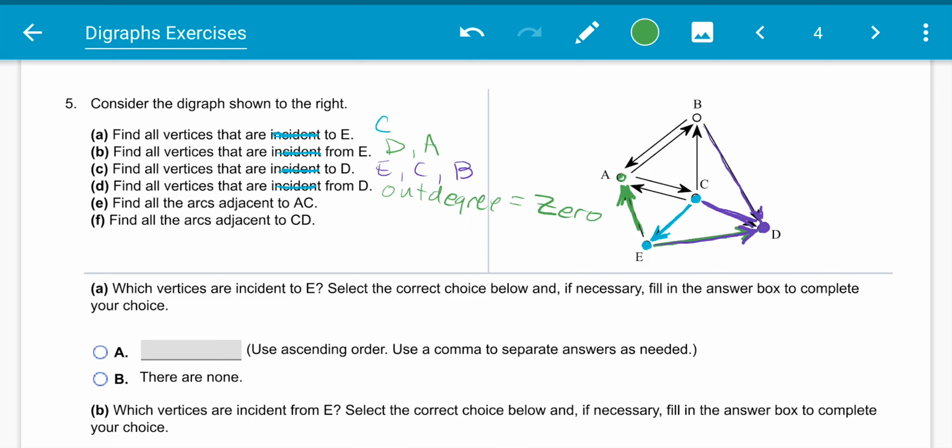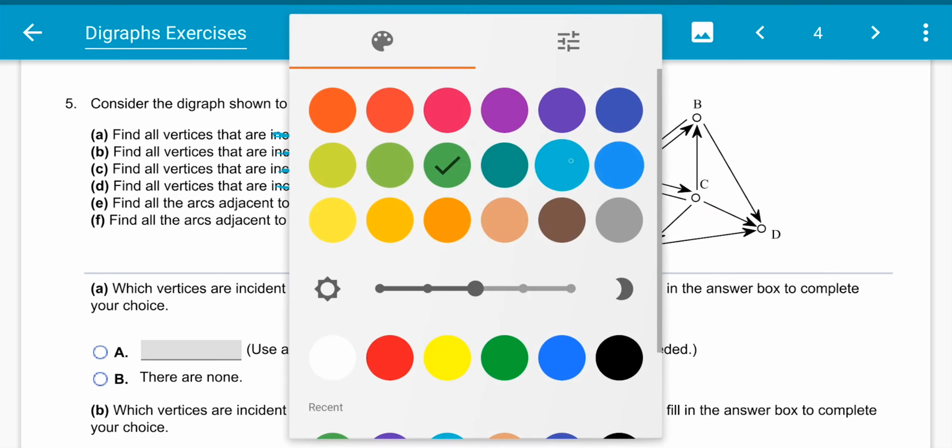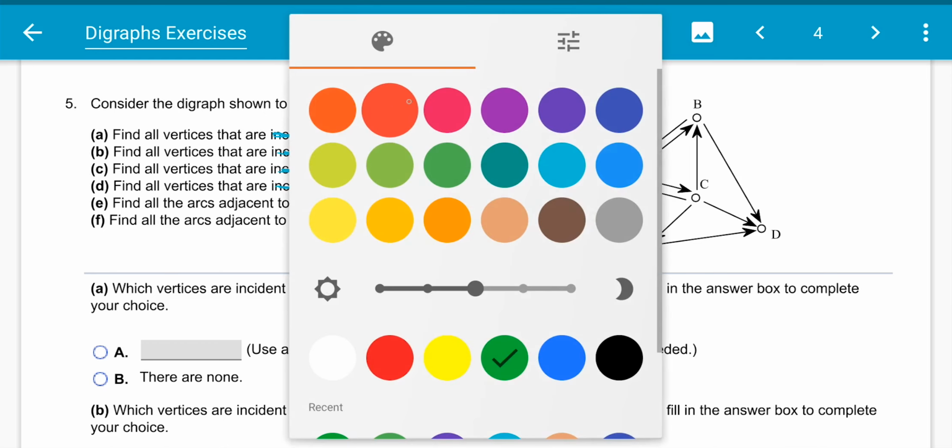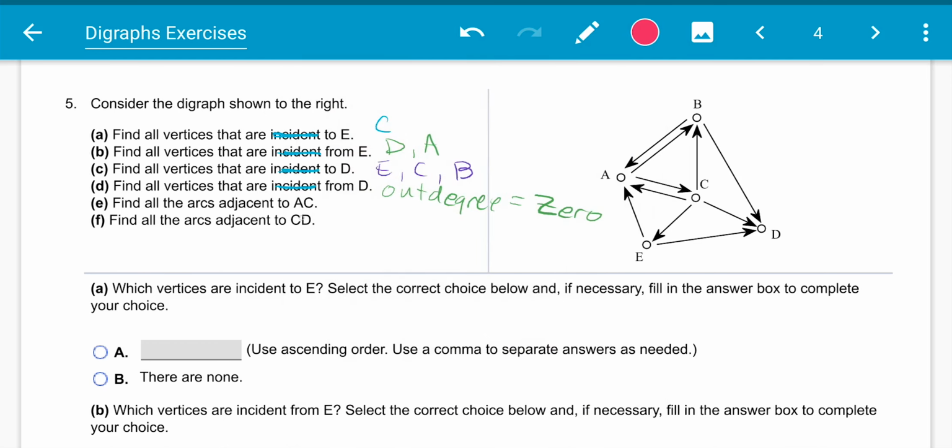All right, so now we're going to look at our last ones. It's saying find all the arcs that are adjacent to AC. This is similar to when we had adjacent edges, except now we have arcs, so we're going to have to look at the direction of each of the edges. Let's switch to a color we haven't used yet. If we have A to C, that's this arc right here. Where can we go from that C?